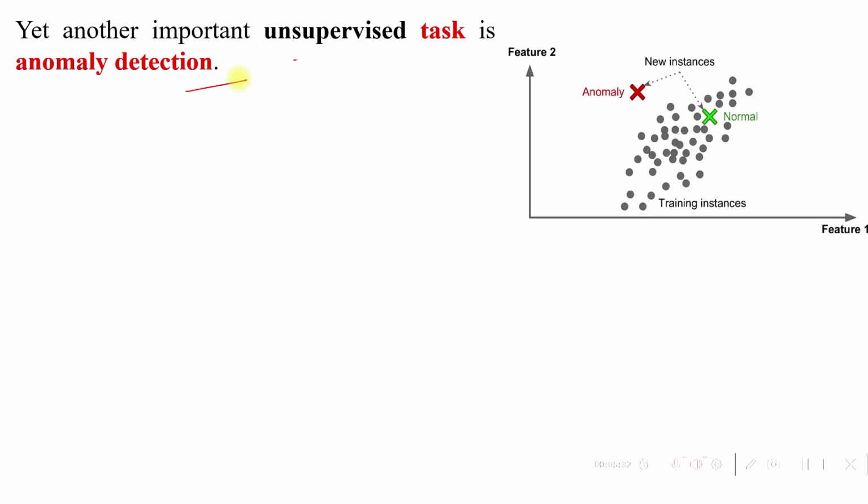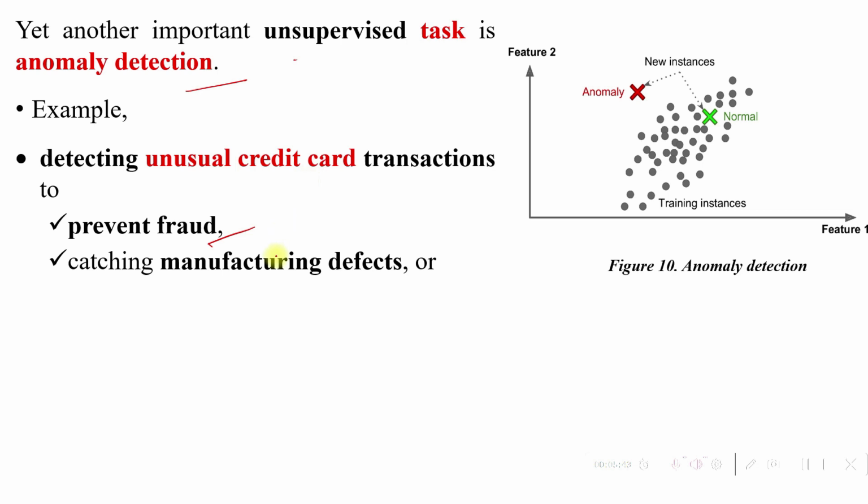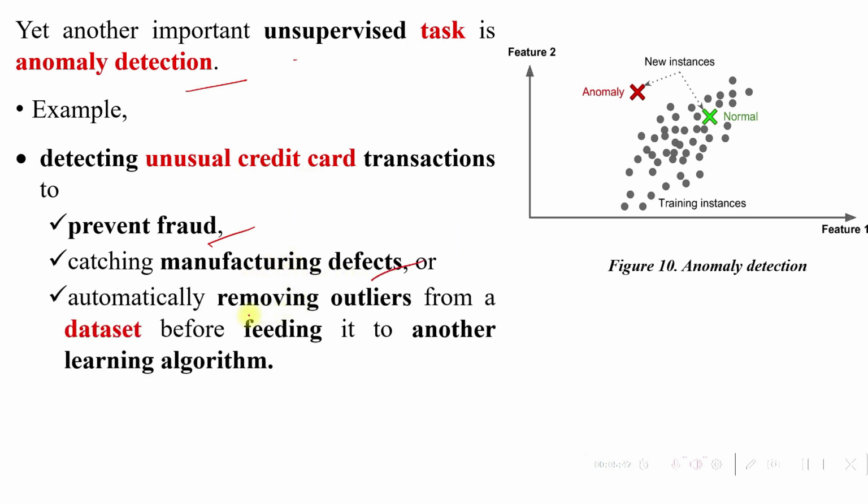Yet another important unsupervised task is anomaly detection. For example, detecting unusual credit card transactions to prevent fraud, catching manufacturing defects, or automatically removing outliers from a data set before feeding it to another learning algorithm.